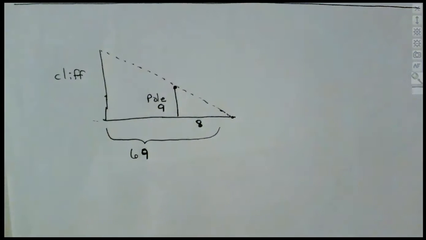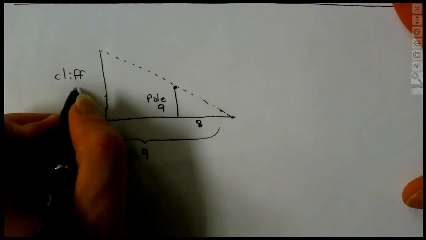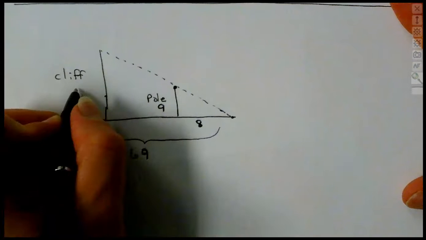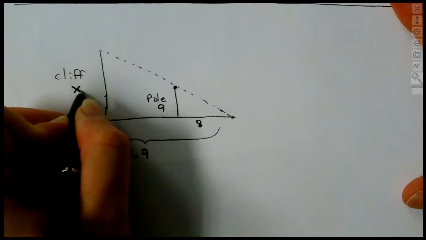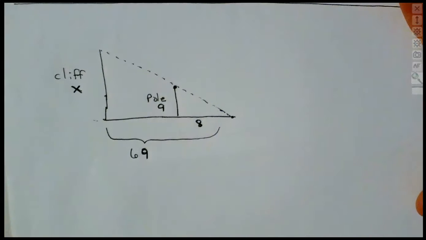So that's what we've got. So this is our picture here. Now, we need to set up some ratios so we can solve it out. What we want to find is the height of this cliff. And we don't know what the height of that cliff is, so we're going to use an x there.